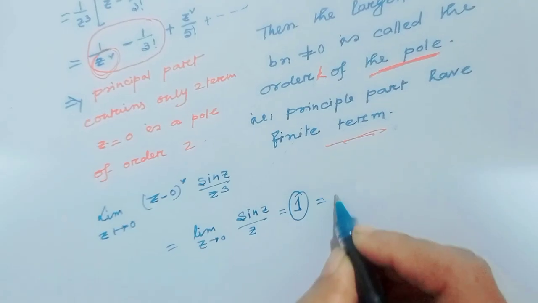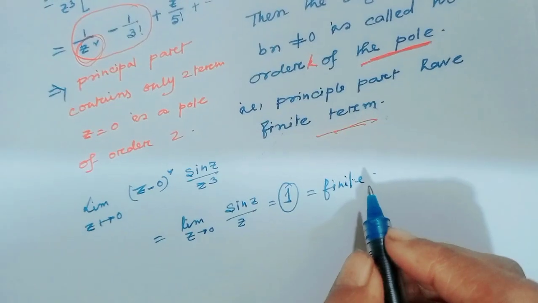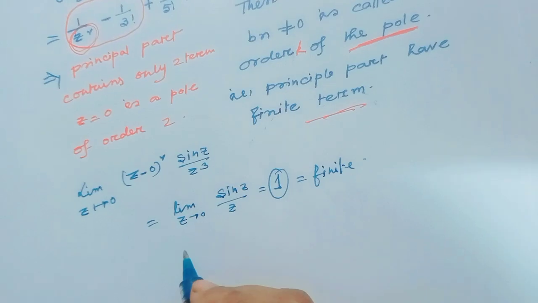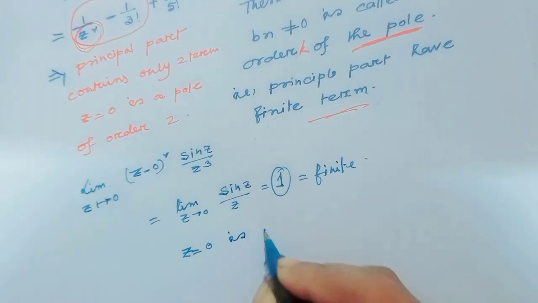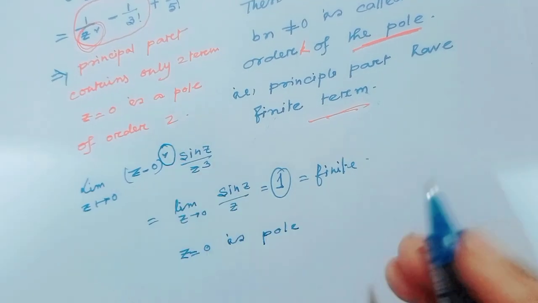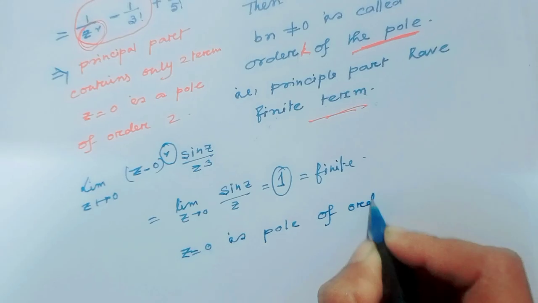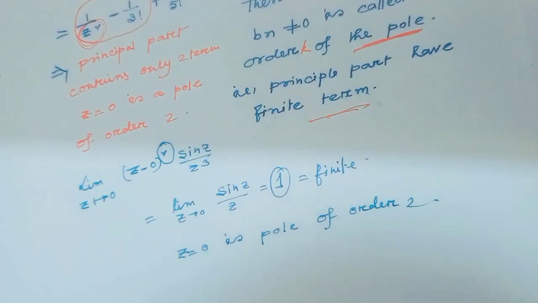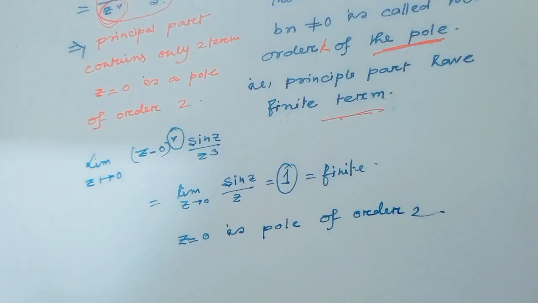Since this value is finite, z equals 0 is a pole, and here the power is 2, a pole of order 2. I hope all my viewers have understood this question.